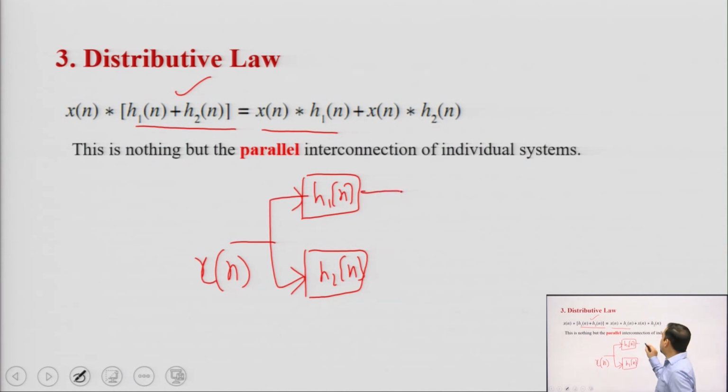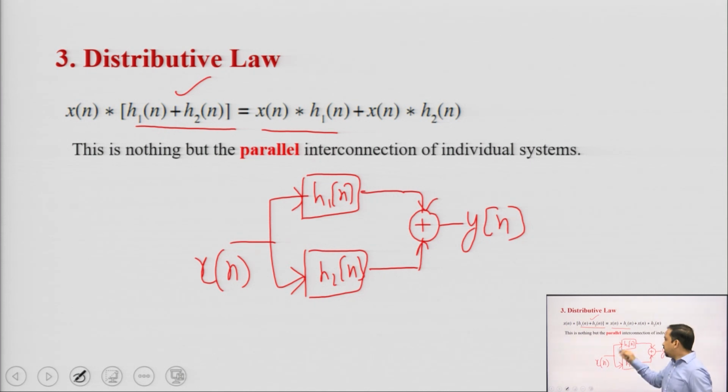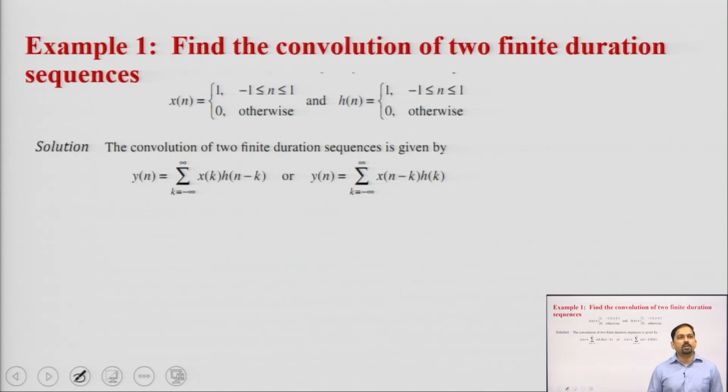First we perform the convolutions, and finally we place an adder to calculate the output. By seeing this diagram, the systems are connected in parallel. So this is a parallel interconnection of individual systems h1 of n and h2 of n. These are the three laws associated with the convolution operator.